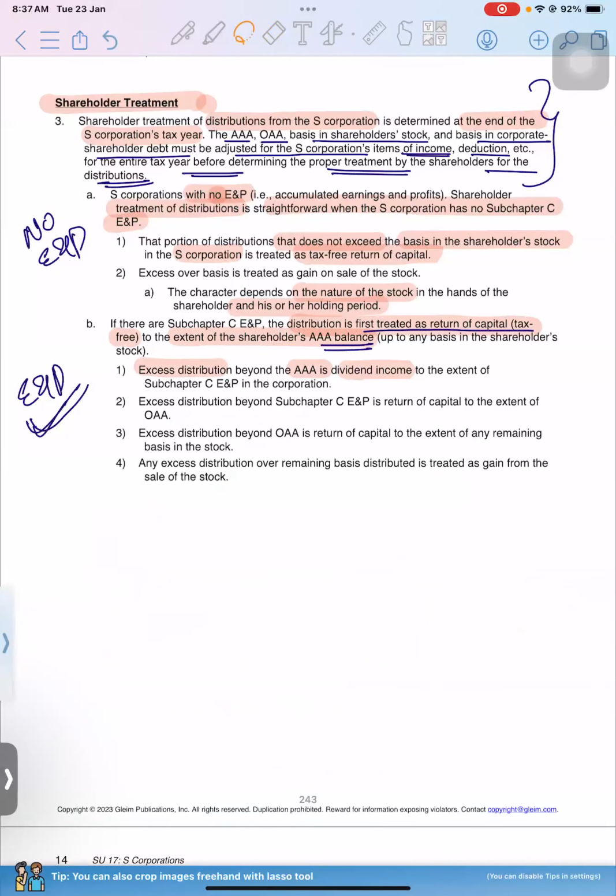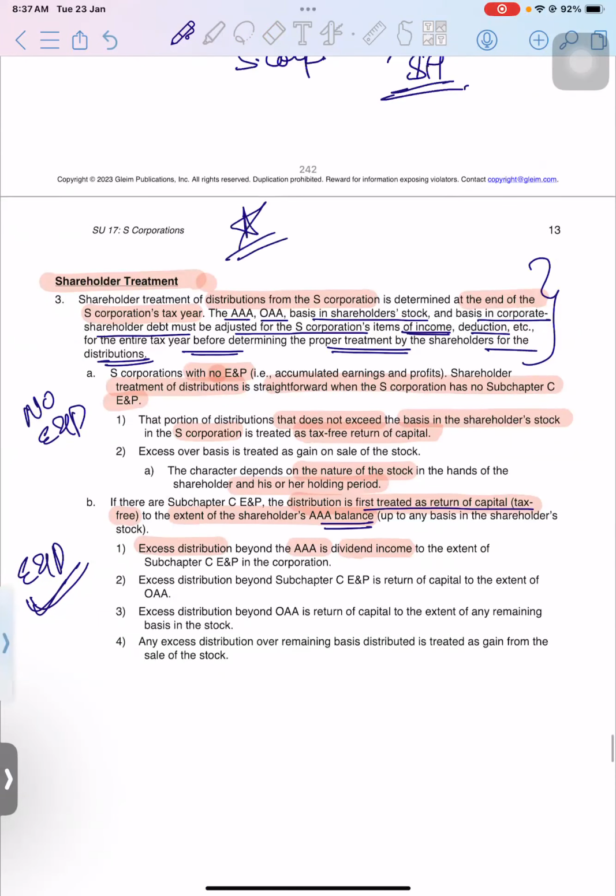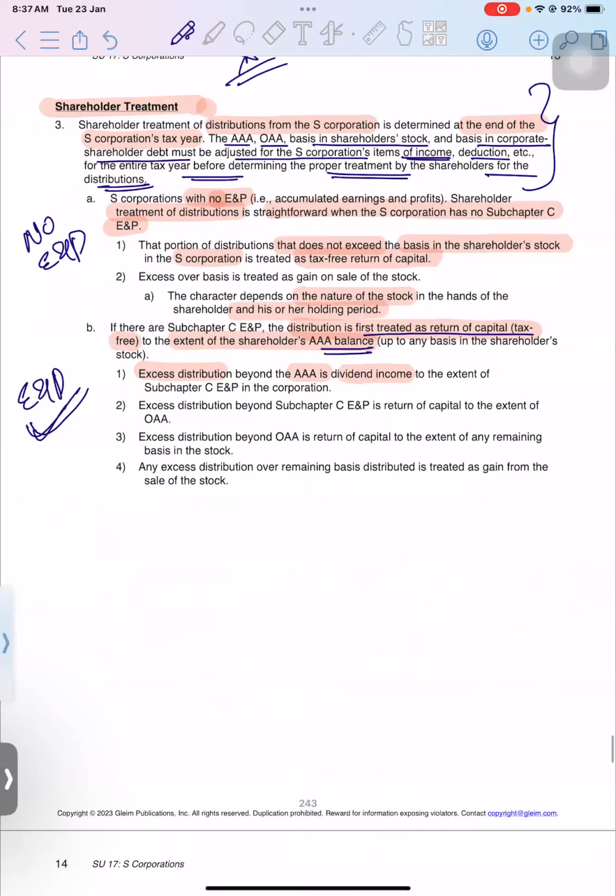Again, I'm going very slow in explaining this part because this is most important. If you understand it very well, every sum, every MCQ, any simulation will be very easy for you to understand. I'm talking about just the B part. First accumulated ENP, we have the OAA balance, and then we have the basis.